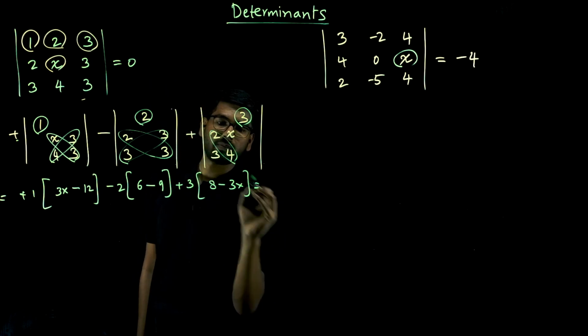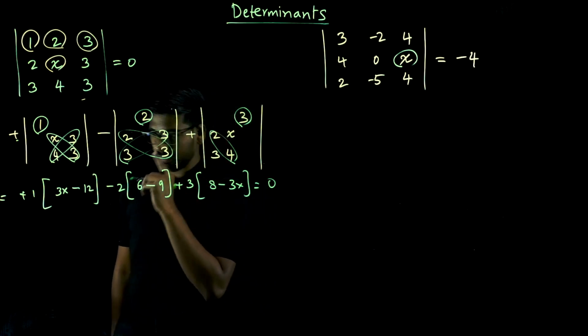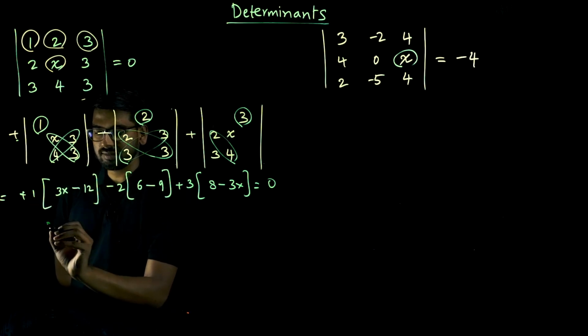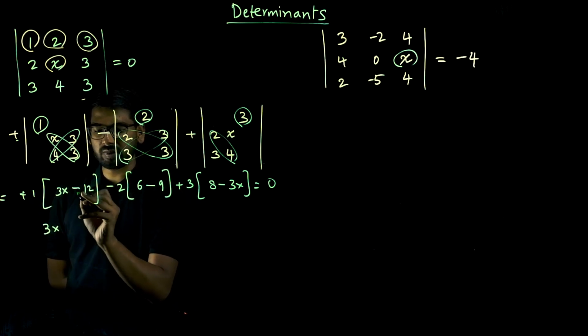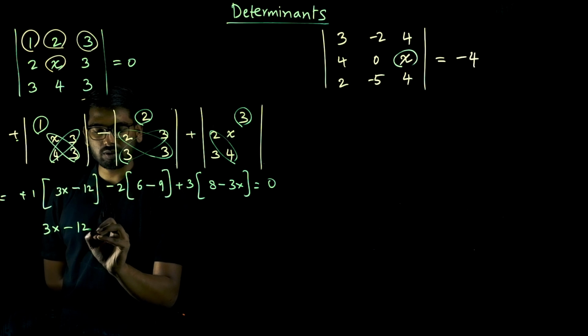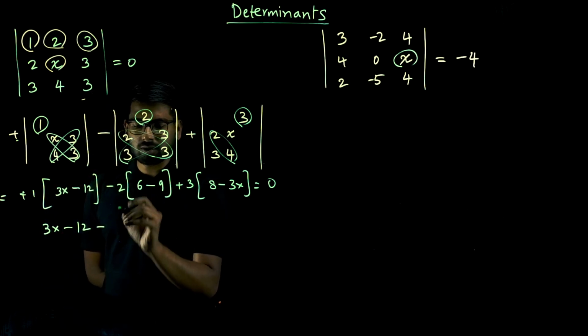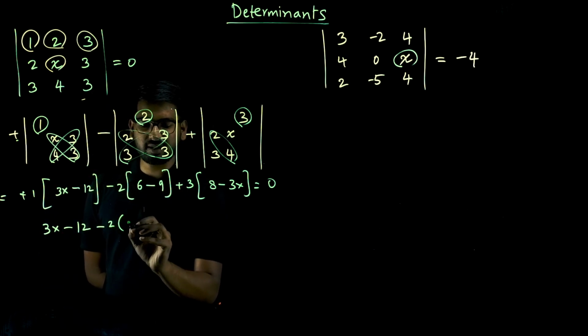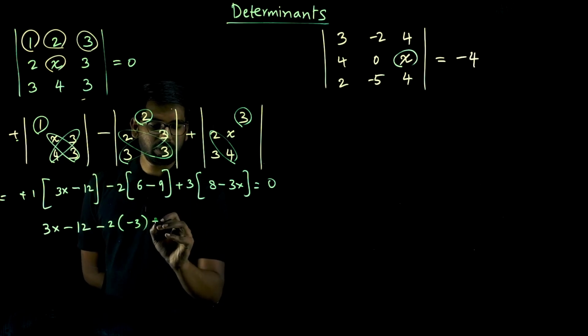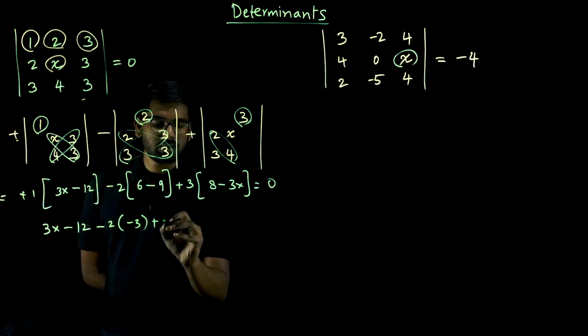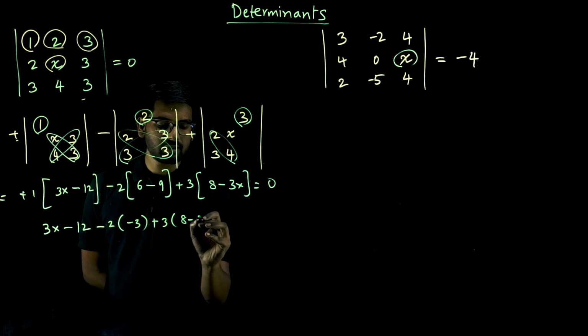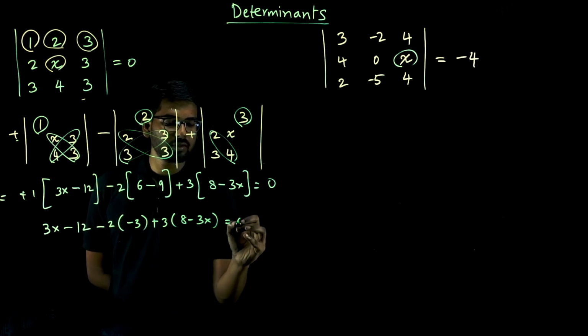This is equal to 0. Okay. So that is 1 into 3x is 3x, plus 1 into minus 12, minus 2 as it is, 6 minus 9 is minus 3, plus 3 as it is, 8 minus 3x is equal to 0.